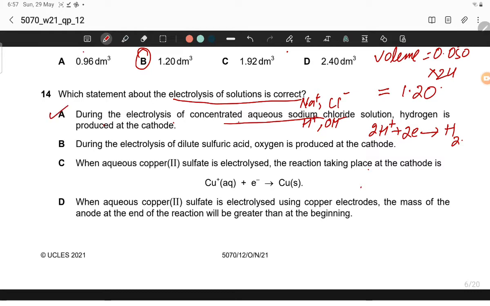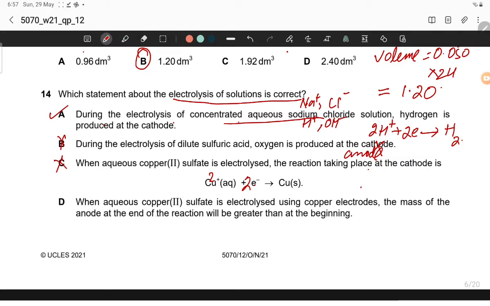Let's check the other options. During the electrolysis of dilute sulfuric acid, oxygen is produced not at the cathode but at the anode. When aqueous copper 2 sulfate is electrolyzed, the reaction at the cathode is Cu2 positive plus 2 electrons to form copper, not +1.